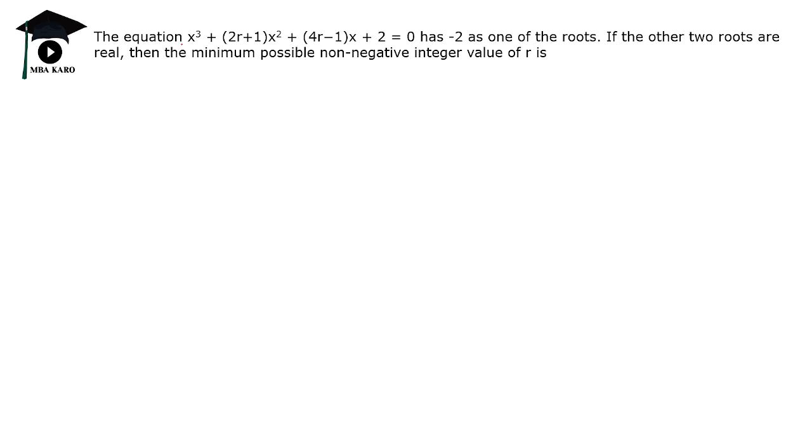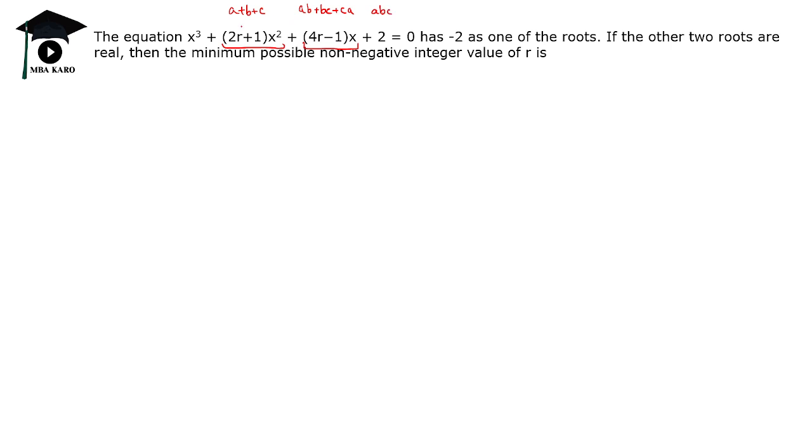Now in a cubic equation, this is basically the sum of the roots, this is the product of roots taken two at a time. Let's say the roots are A, B, C. So this is AB + BC + CA, this is A + B + C, and this is ABC.